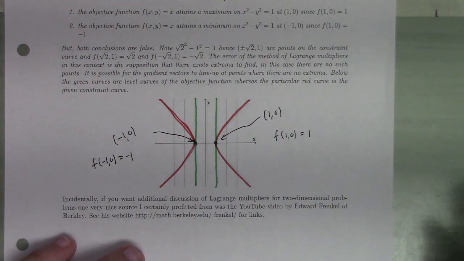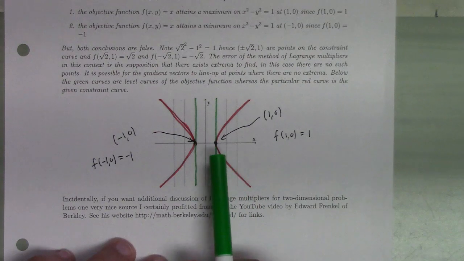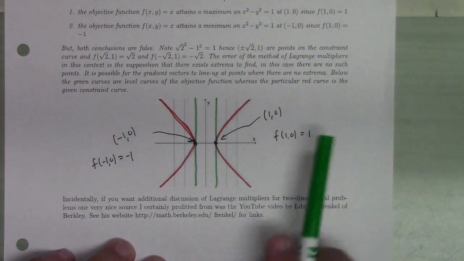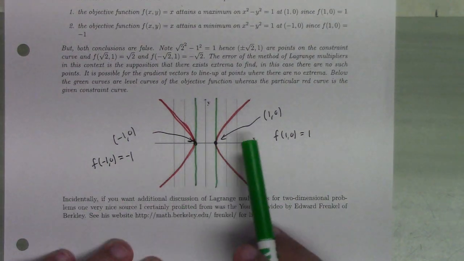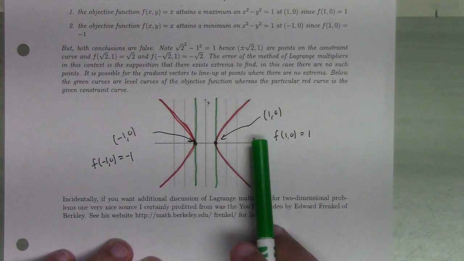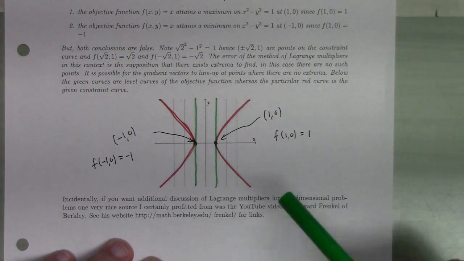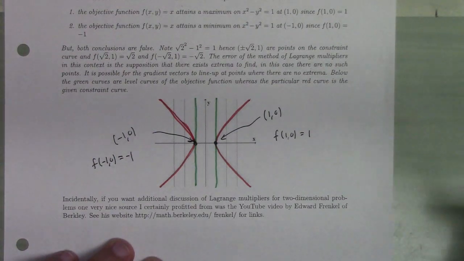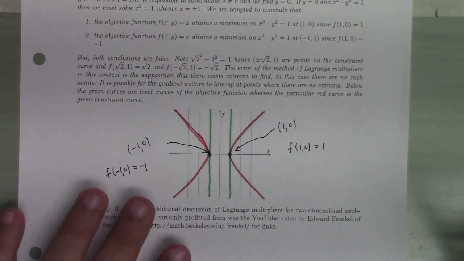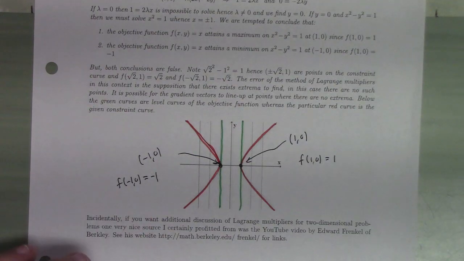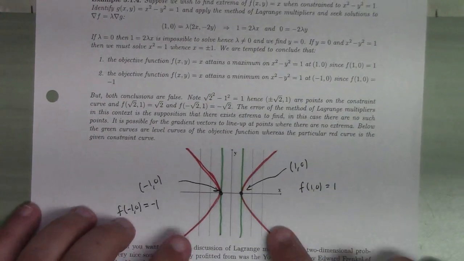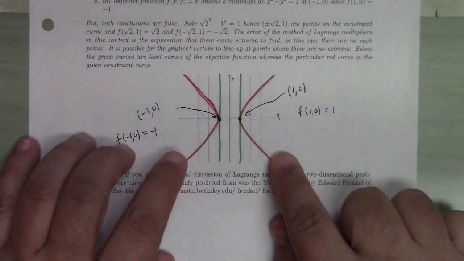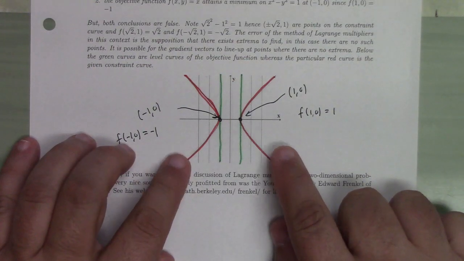And this is just not true, because x gets as large as you like over there, and x gets as negative as you like over there. The min and maximum of the objective function x do not exist on this curve. Why didn't the method of Lagrange multipliers have to succeed here? Because the constraint curve is not compact, so the extreme value theorem does not tell us anything.